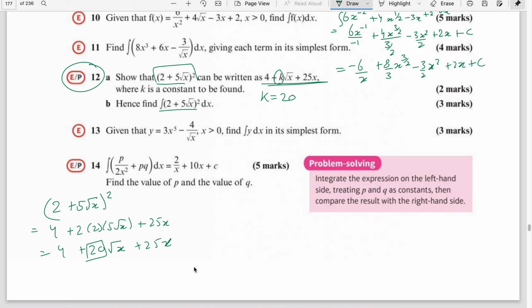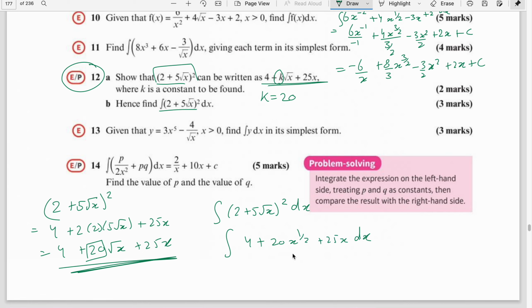Hence find this integral. Now this is 2 plus 5 square root x whole square. There are two ways. Either we solve it as a power, or we've already done it in the previous step, so we can write it as 4 plus 20x to the 1 by 2 plus 25x dx.